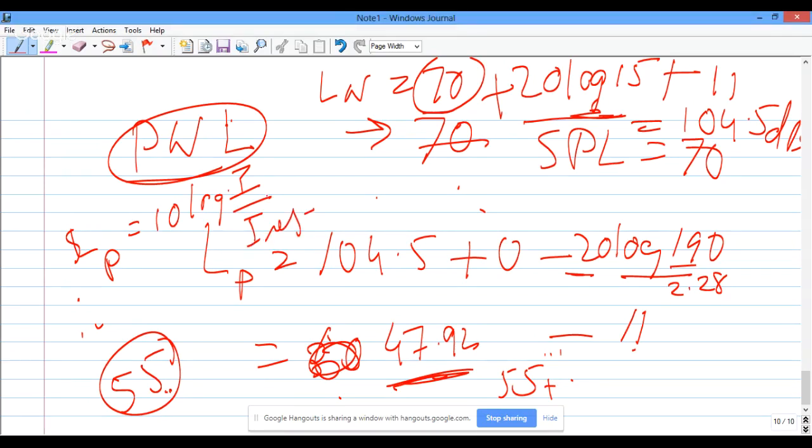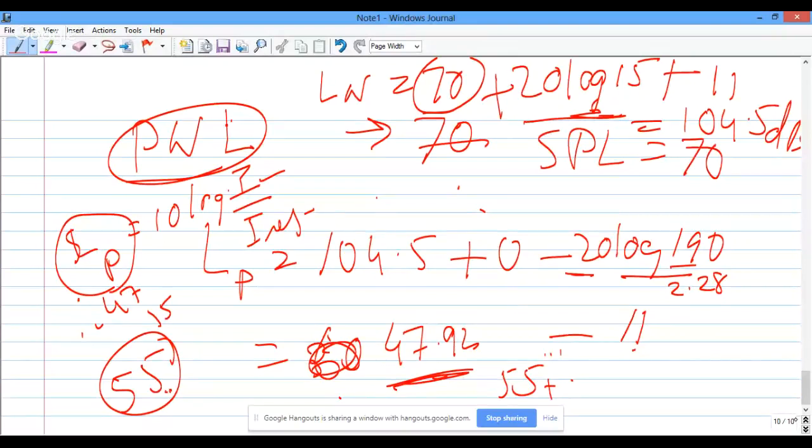So what you can do is add the intensities. For the 47 dB and another 55 dB, find out the intensities, add them up, and then divide by 10 to the power minus 12, which is I reference. That's how we can find out the new dB, which will be slightly more than 55 if the ambient noise is 55. Supposing the ambient noise is around 40, then it will be close to 47.90, whichever is higher.